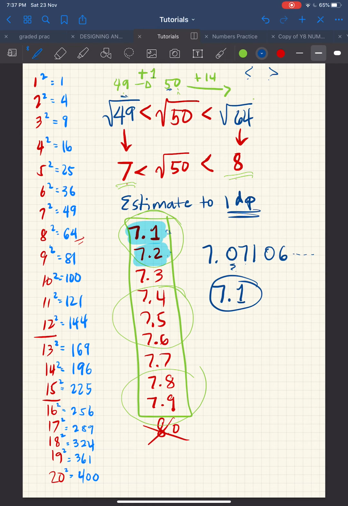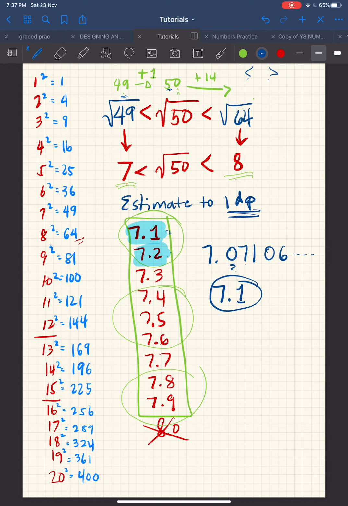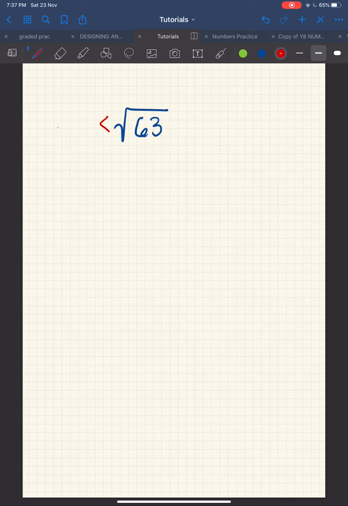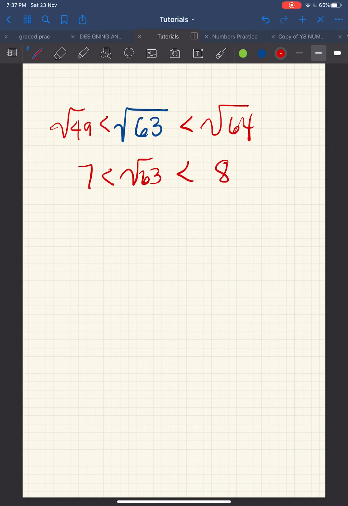Okay, let's try another one: the square root of 63. Based on what we have here, it would be in the same spot. It would be greater than the square root of 49 but less than the square root of 64, so the square root of 63 is greater than 7 but less than 8.